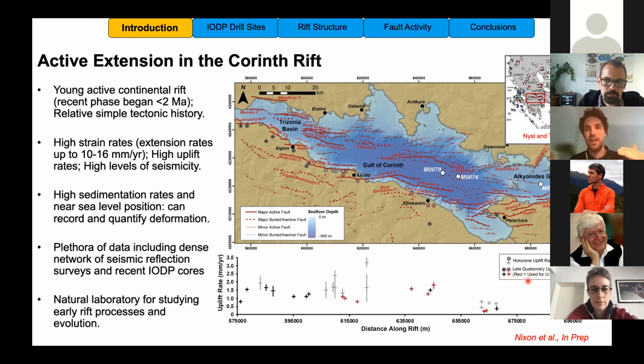And they're often related to, for example, uplifted terraces in the immediate footwall of these large faults. And these terraces have been dated and basically are representing quite an accurate uplift rate. So the uplift data here is fairly robust in that kind of sense.